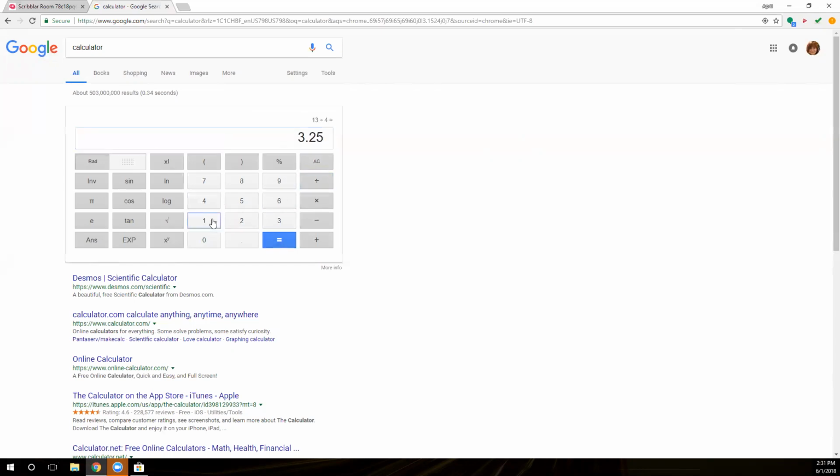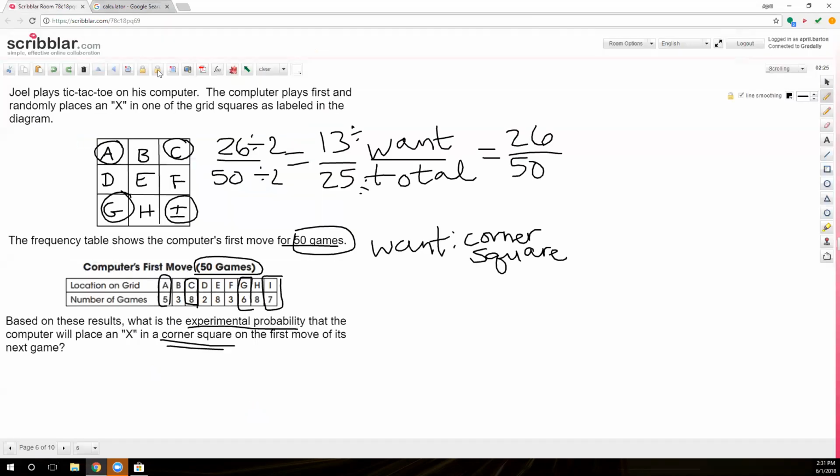Still a decimal. And you can try it a couple of times. If you keep trying it and every option you try is a decimal, then you can be pretty sure there is no number that divides into 13. So that means this is as reduced as it possibly can be. 13 over 25 would be the final answer.